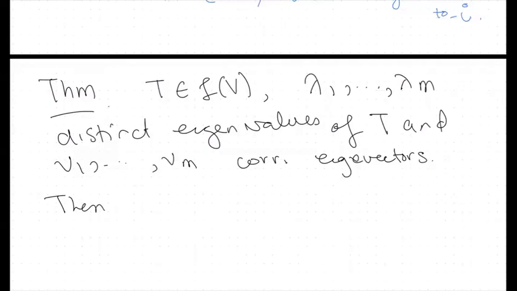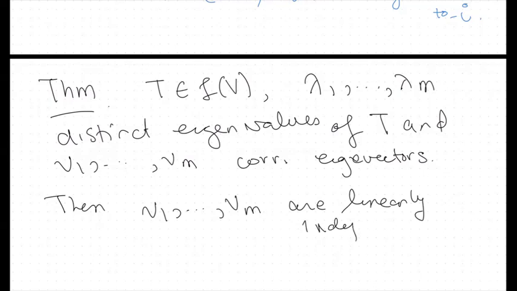Then what can you say? Your v1 to vm are linearly independent.